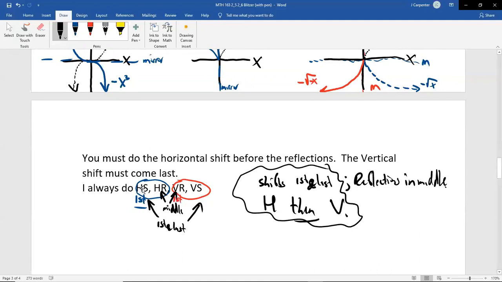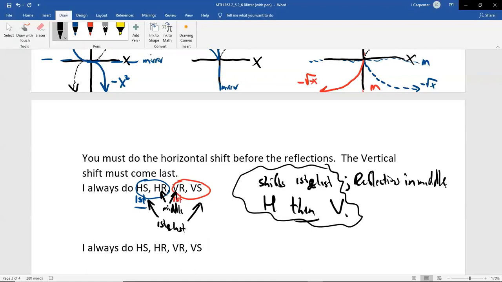So again, can I just copy this without everything else? Yes. So again, horizontal shift, horizontal reflection, vertical shift. Now, let's say you panic and it's test time and you go, oh no, I think I got this order jumbled up. What you can do once you get your graph, you will see where that one single point that used to be at the origin now is.